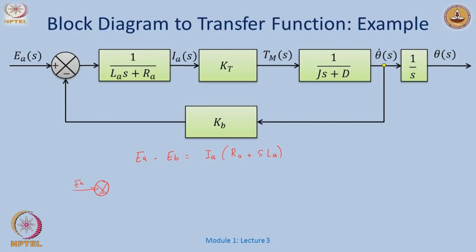So, E A minus E B. If I would write this in a better way, E A minus E B divided by R A plus S times L A gives me I A. So, E A minus E B goes via a block 1 over R A plus S times L A to give me I A. Okay. Everything is again in the Laplacian domain, in this direction.